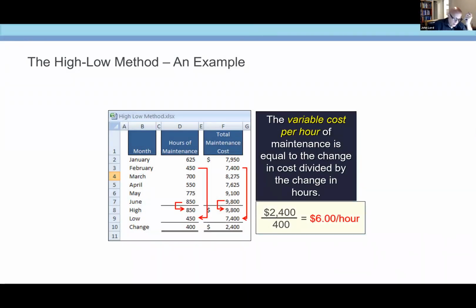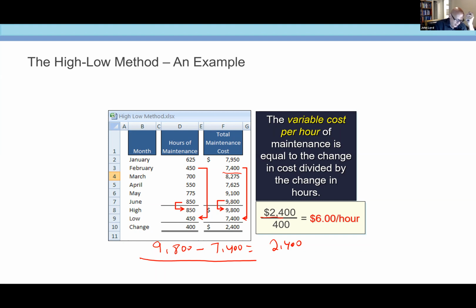So how do we come up with this 2,400? We simply take the 9,800, that was the high, minus the 7,400, that was the low. That gives me a difference of 2,400. And then I pick out the units associated with those.